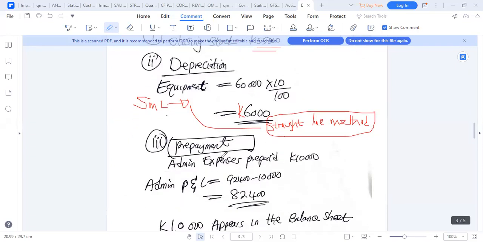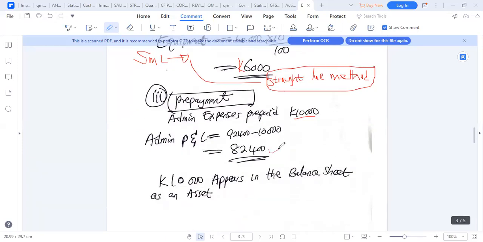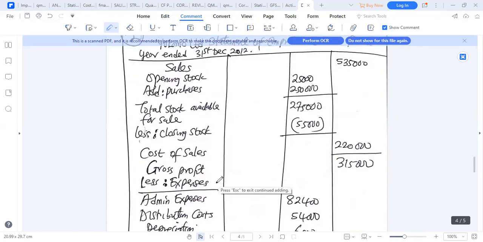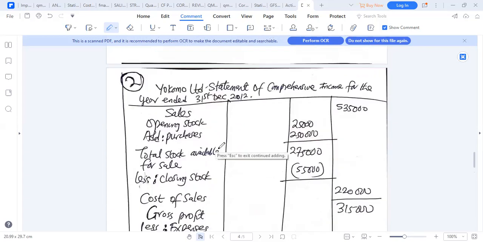Now, the prepayment was admin. We prepaid the 10,000, which we got from the 2,400. The 10,000 appears in the balance sheet as an asset, because your prepayment is your asset, and you can claim that amount.